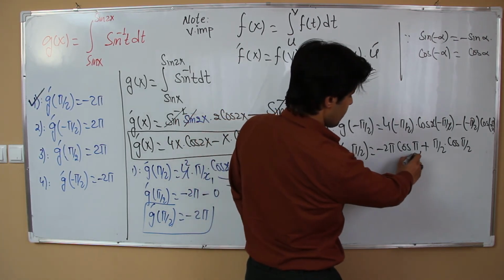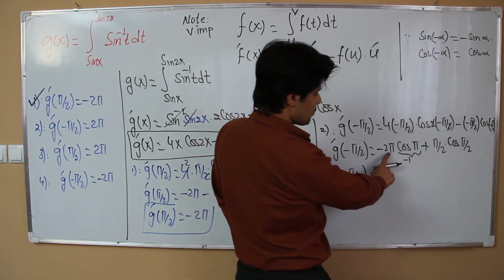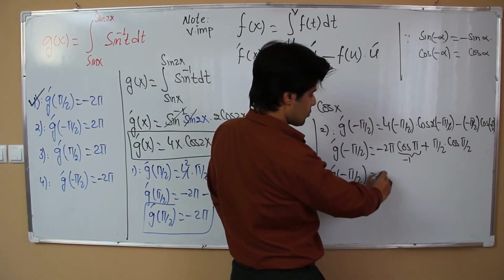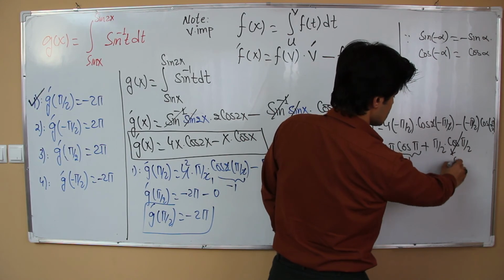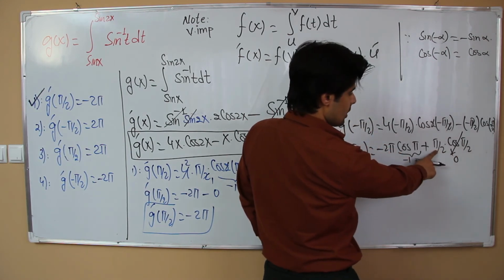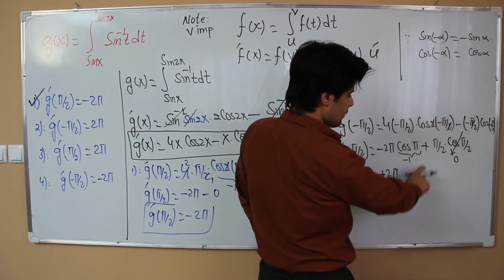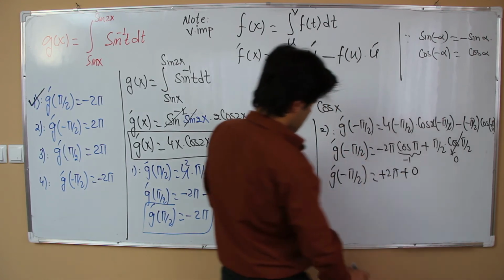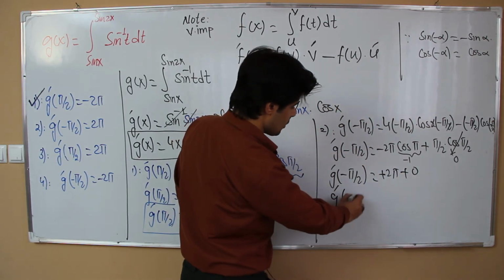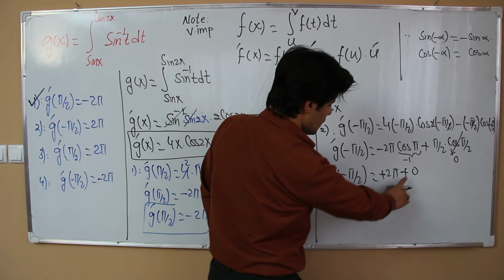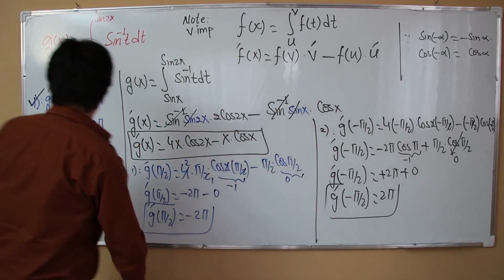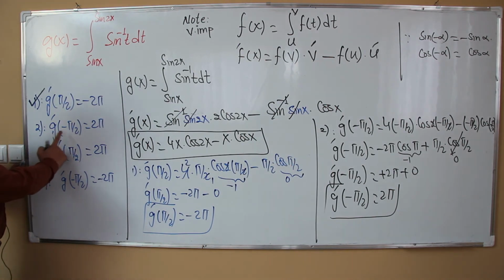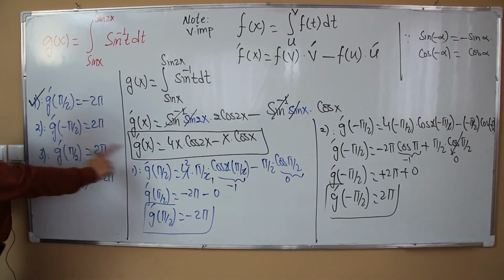What's cosine of pi? It's minus 1. Minus 1 with this minus 2 pi, it's plus 2 pi. And in here this answer is 0. 0 times pi divided by 2, it's again 0. Now g dash of minus pi divided by 2, 0 plus 2 pi, it's 2 pi.